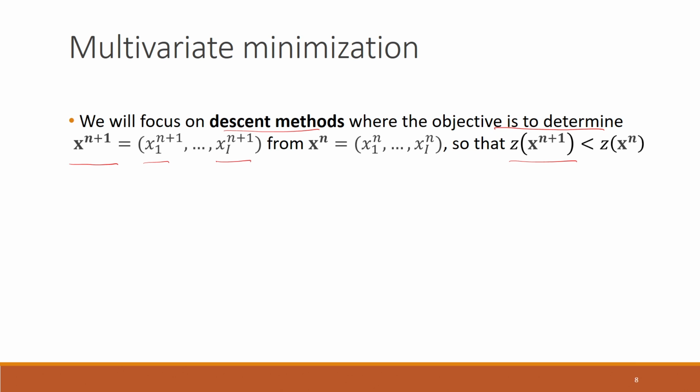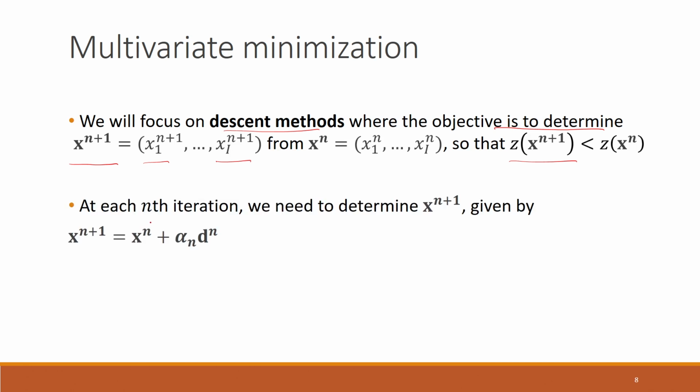So in these kinds of descent methods, we will be going to different points of the problem at every step of the algorithm, and we will proceed in such a way that the new point where we land has an objective function value lower than at the previous point.